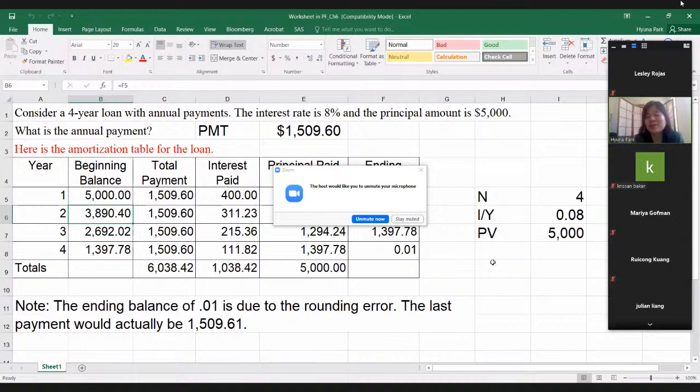Or if I ask you to make an amortization table like this for a car loan. You want to buy a new car after you get a job. Exciting, right? So imagine that kind of situation. After you graduate and you get paychecks, you save some for a down payment, and you are ready to buy a car.